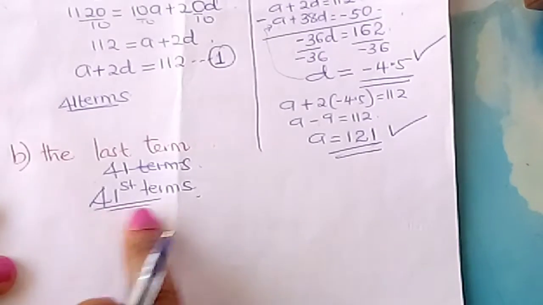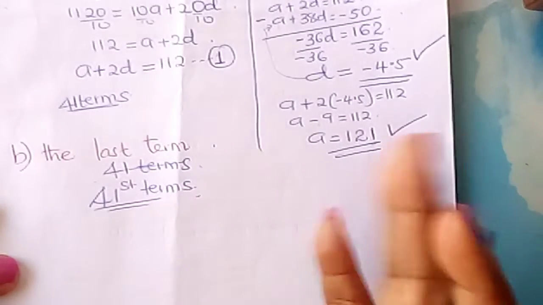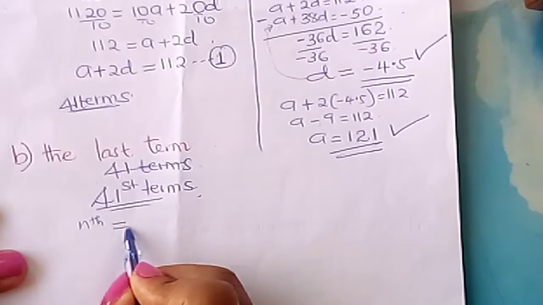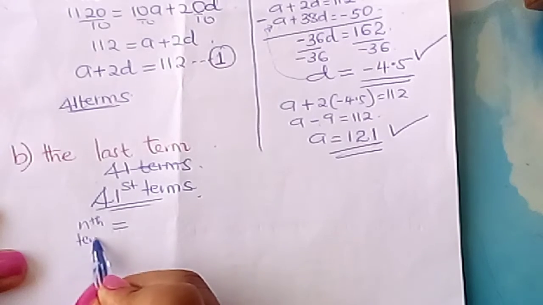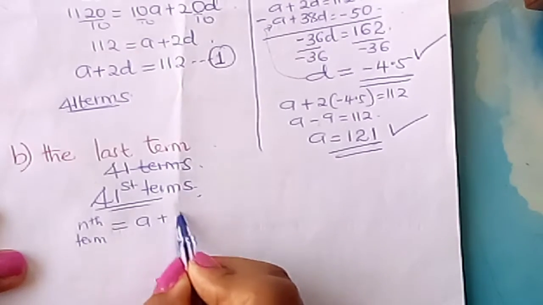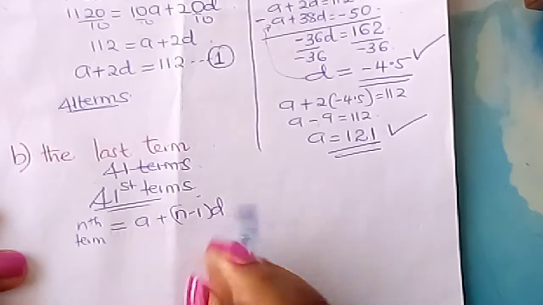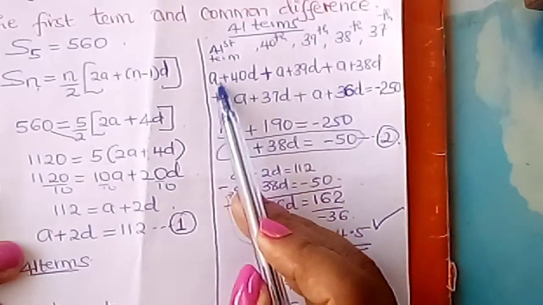How do we come up with the formula for the 41st term, Lana? Obviously, we have done it here, but I can repeat. We know that the nth term of an AP is given by A plus (n minus 1)D. This is the formula that we used to get these terms.